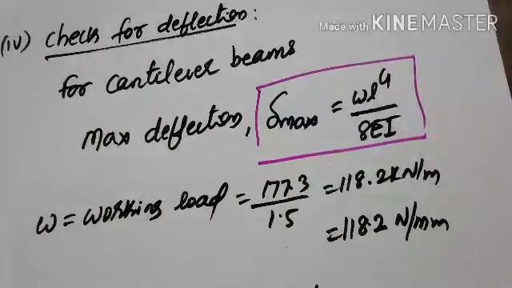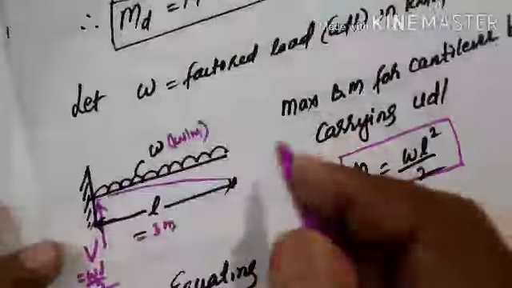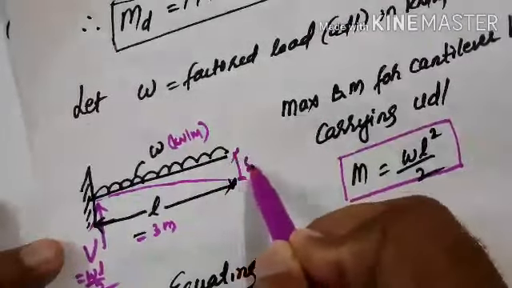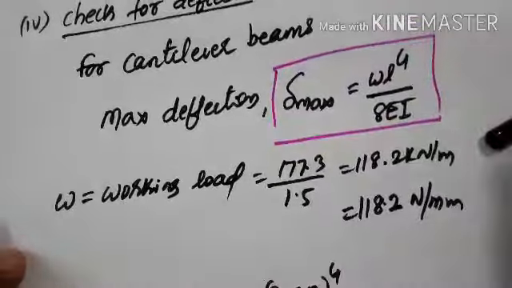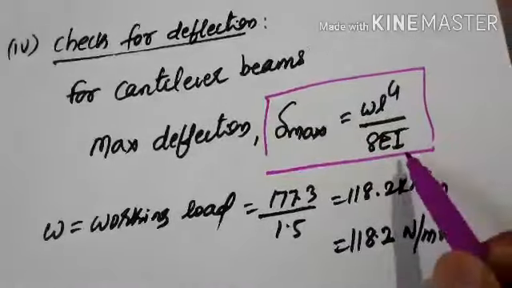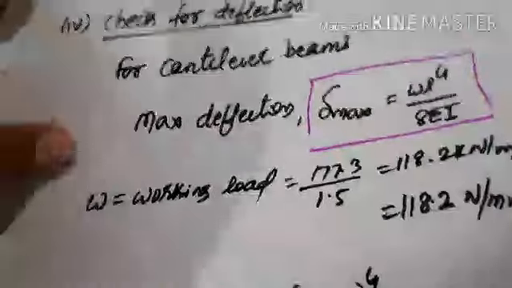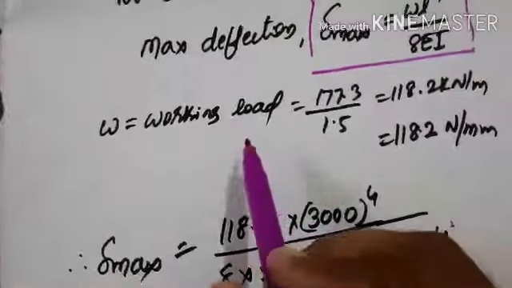So that is the maximum deflection that you get here. Delta max equals WL raised to 4 by 8 EI, where W to be taken here is the working load, not the factored load.